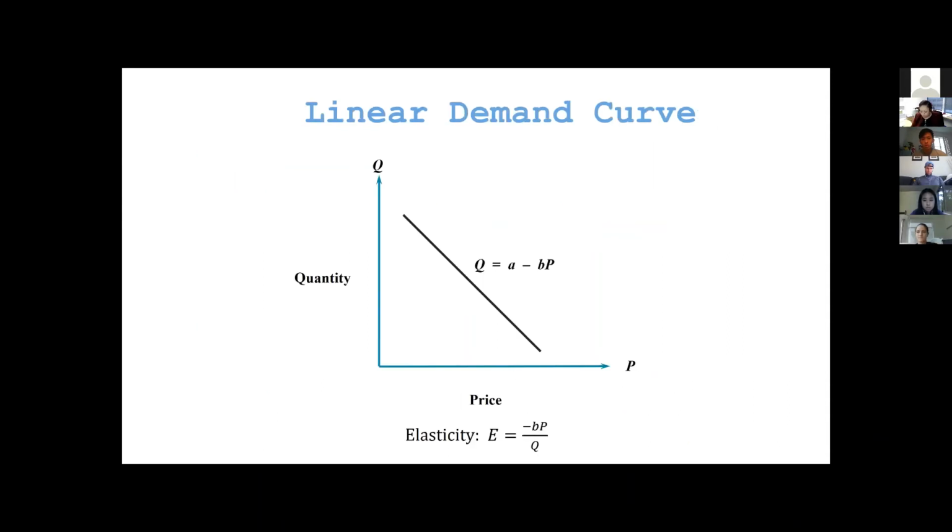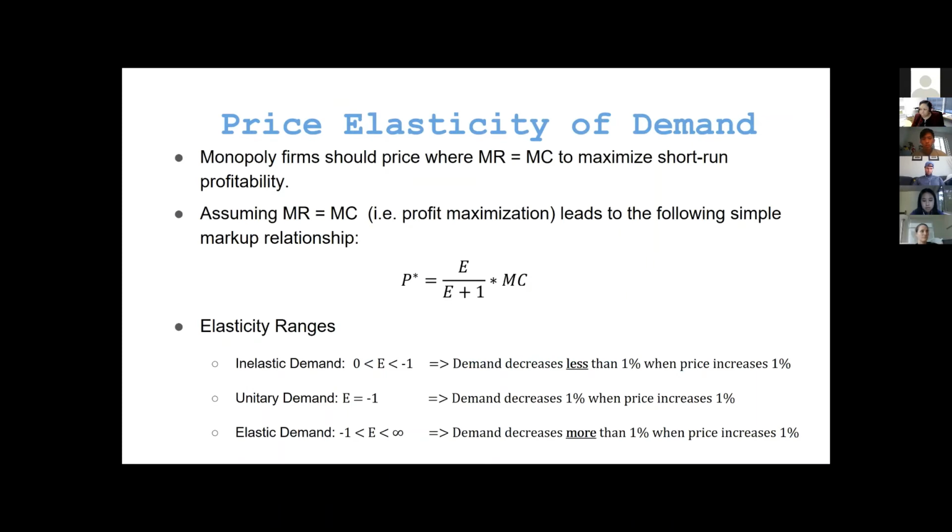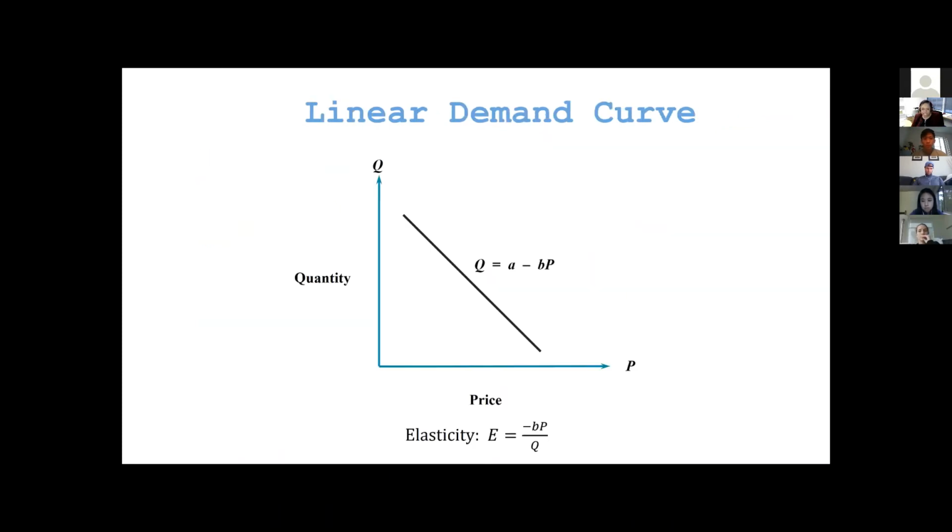So here's, any other questions before I move on? Okay. So here's an example of a demand curve. In this case, this is a linear demand curve where on the x-axis is price, and the y-axis is quantity, which you can think of as demand. And so in an ideal world, you're making only enough product so that it meets demand exactly.